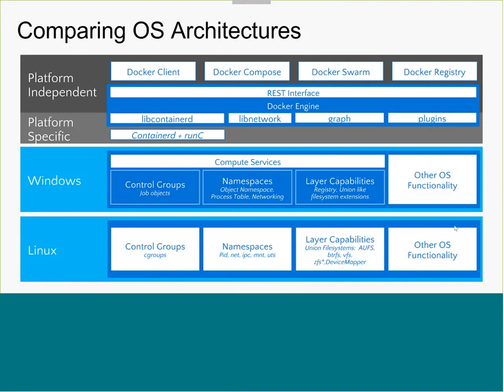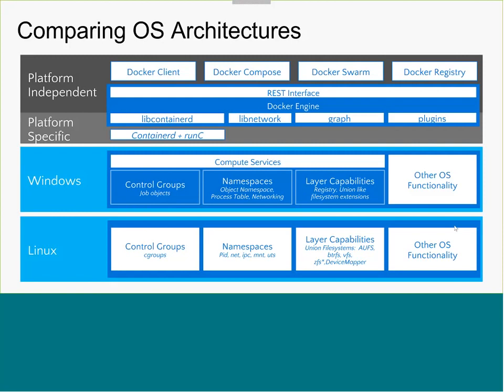What Microsoft did to support Docker was add similar primitives to the Windows kernel: job objects, object namespaces, and they also built layering on top of NTFS, the Windows file system, and the Windows registry is now also layered and isolated.